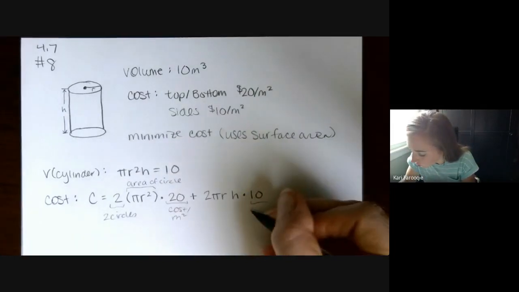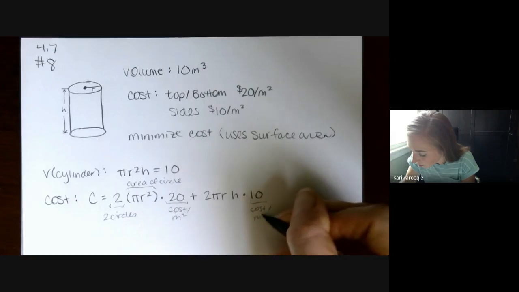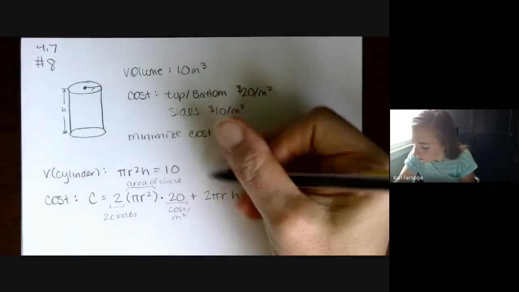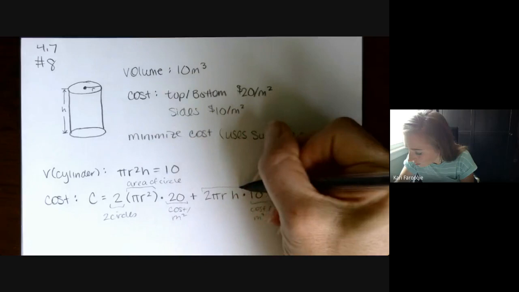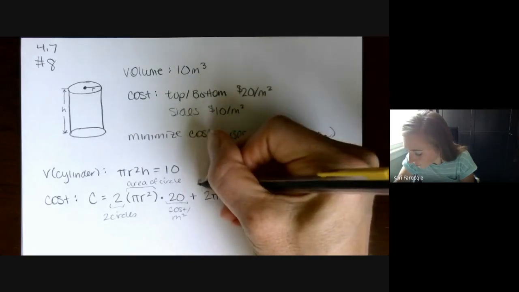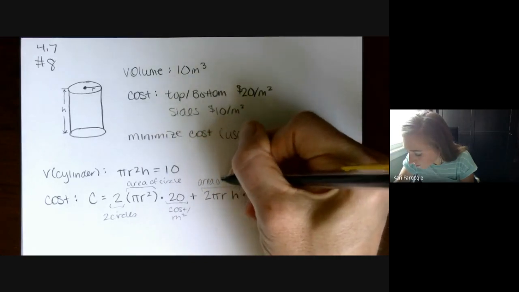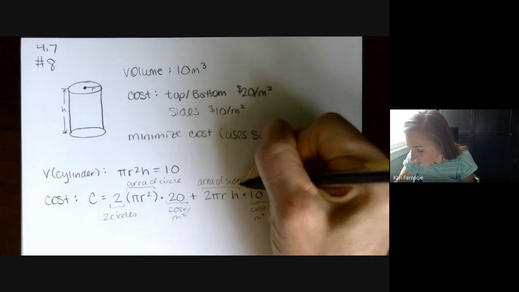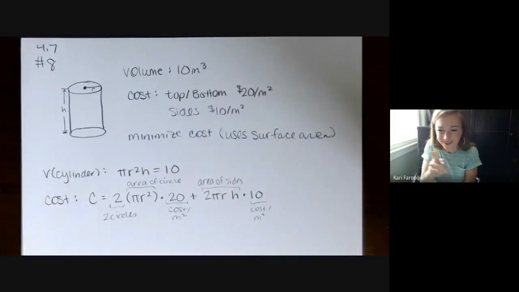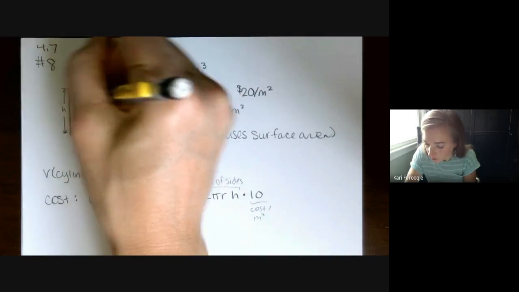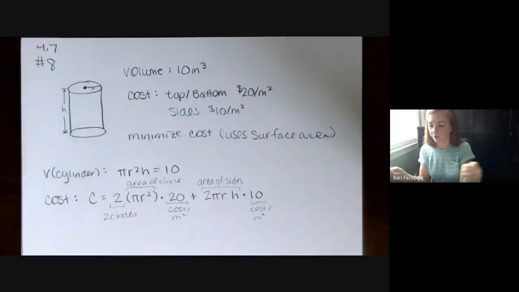This would be cost per meter squared. And then this is the surface area of the sides. Or I could say area of sides. Technically, it's like a side, but we'll call it sides. So the circumference is just one length of your paper, and then the height is the other.